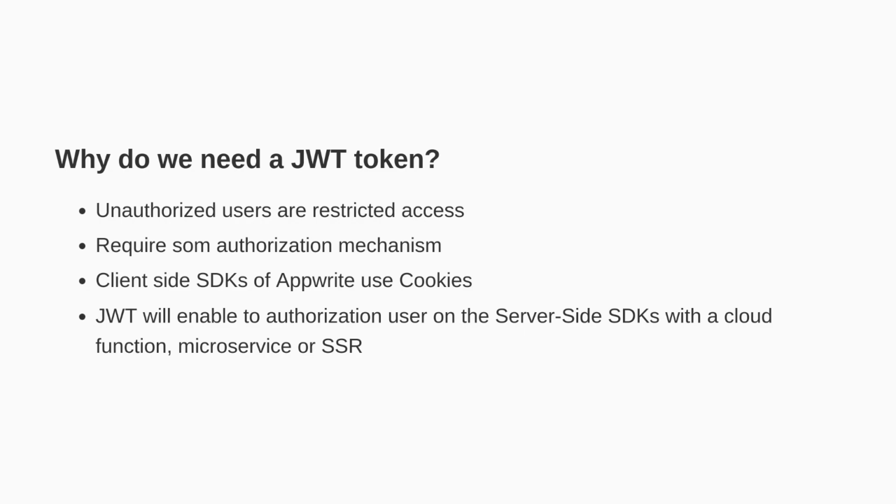In Appwrite, client-side SDKs use cookies to authenticate the user. However, JWT will enable authorization of the user on server-side SDKs or server-side languages or frameworks that you use, for example, with a cloud function or a microservice or server-side rendered applications.